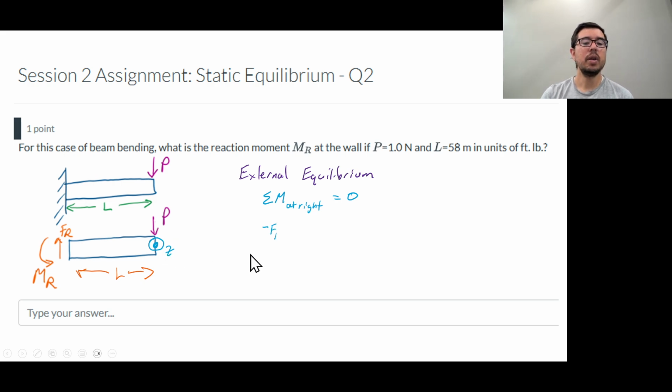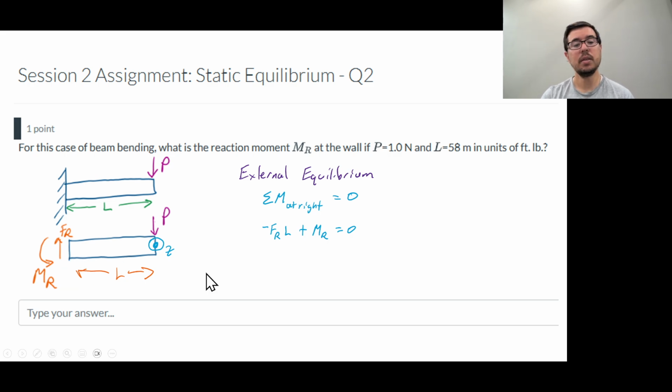So now we're going to consider the loads that contribute to moments about this point on the right side. P is acting through the point, so we don't have to consider P, but Fr has a lever arm of L, and so we see that we have FrL. Is it positive, negative? Well, we've drawn it as negative. Why is that?